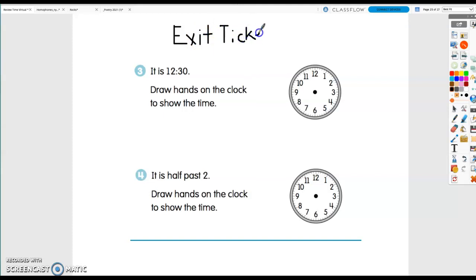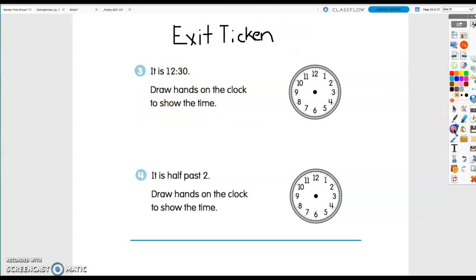And then number 4 says it is 2:30, and draw the hands on the clock to show the time. Remember, I'm going to be looking for that hour hand. If it's 2:30, we don't want to draw the hour hand directly on the 12 because that won't show 2:30. So if it's 12:30, your hour hand needs to show that as well.